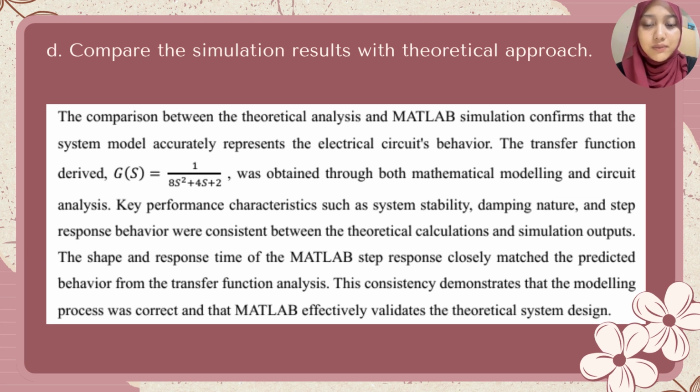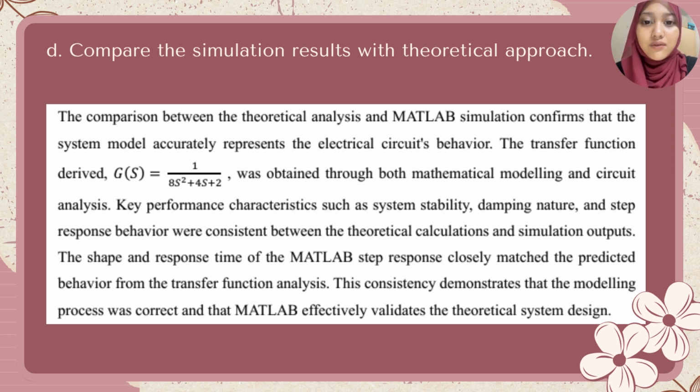Next, we compare the simulation result with the theoretical approach. The comparison between the theoretical analysis and MATLAB simulation confirms that the system model accurately represents the electrical circuit behavior. The transfer function derived, G(s) equal to 1 over 8s squared plus 4s plus 2, was obtained through both mathematical modeling and circuit analysis. Key performance characteristics such as system stability, damping nature, and step response behavior were consistent between the theoretical calculation and simulation outputs.